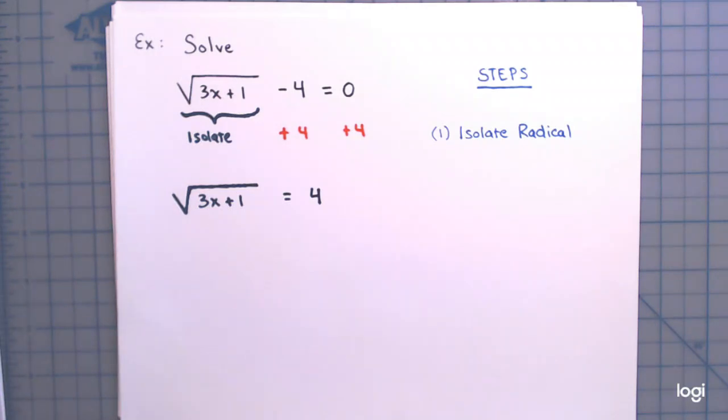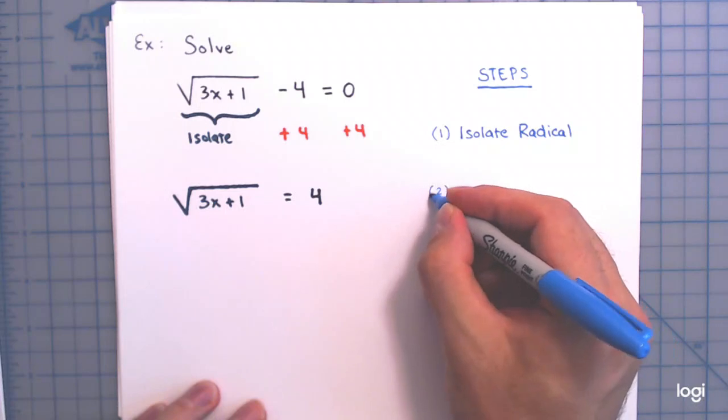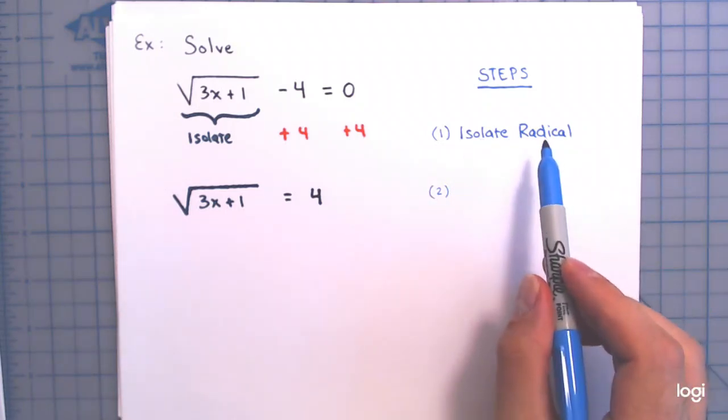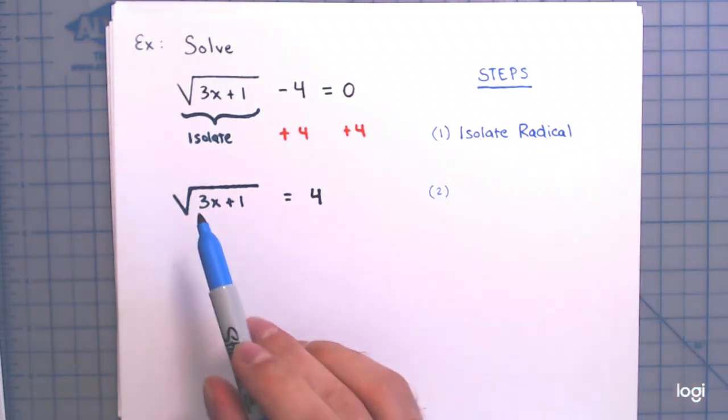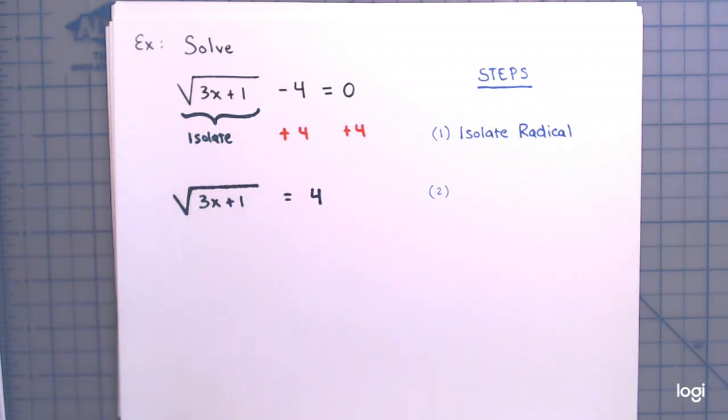The next step, after isolating the radical, step 2, is to undo the radical, get rid of it, just like with absolute value equations, or any equation with a special symbol.